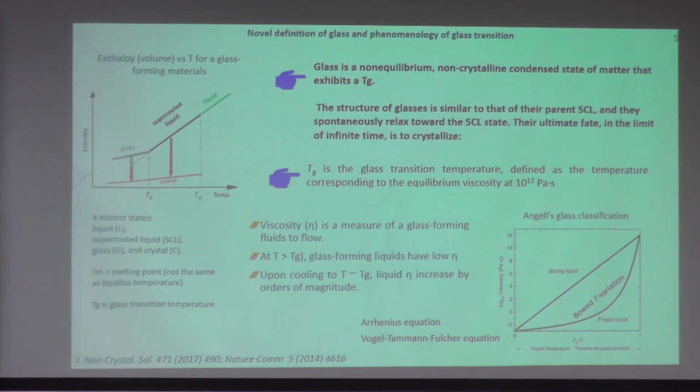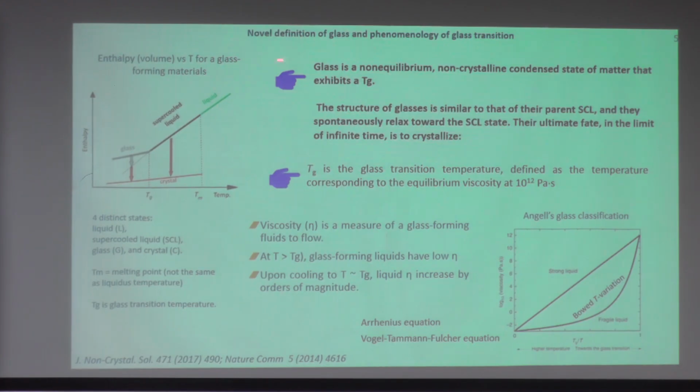So the viscosity and atomic mobility, as I said, are linked. The viscosity is a measure of a fluid's resistance to flow, and is directly affected by the ease with which atoms can move or rearrange themselves.